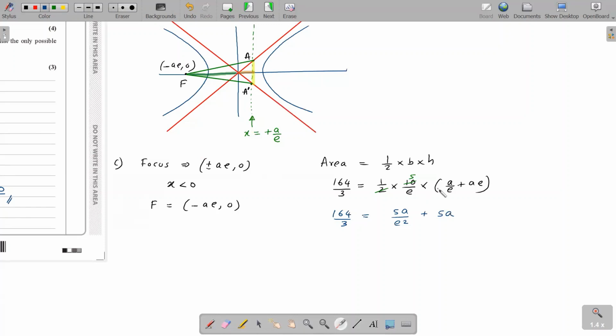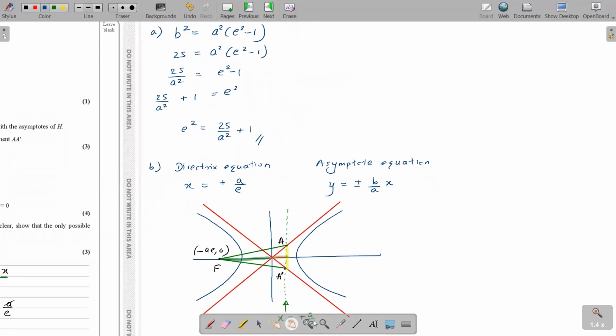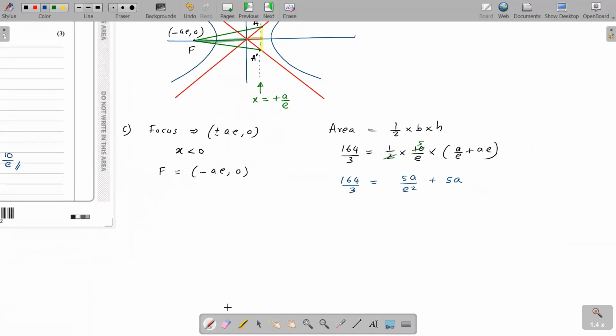Do you agree with what I did here? Okay, and then you can see I have an E square here. For E square, we already have an expression. Can you see? E square is 25/A square plus 1. Shall we try to get this E square as the subject? 164/3 minus 5A is 5A/E square.